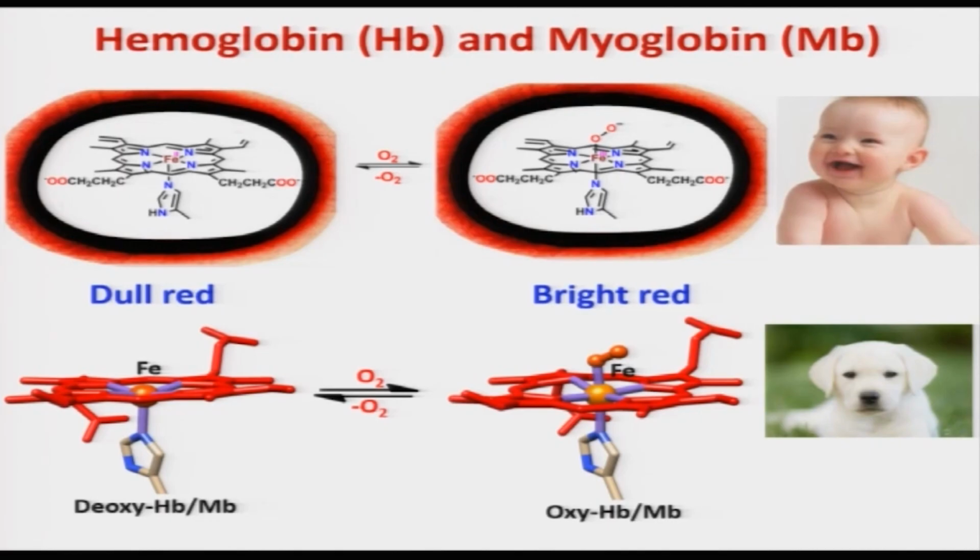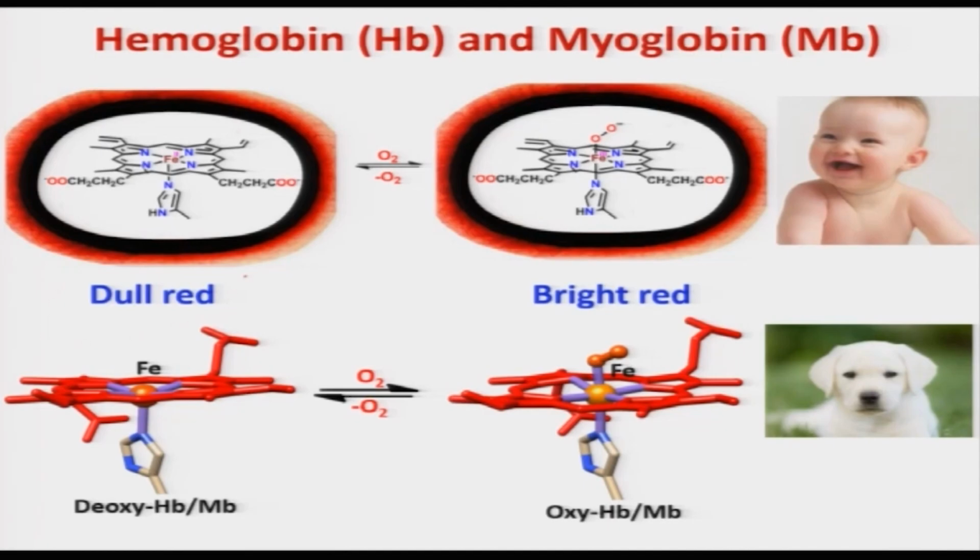As one can see, the iron 2 heme center converts to iron 3 in oxyhemoglobin or myoglobin, and dioxygen converts to O2 minus, which is superoxide. During this process, there is a color change.